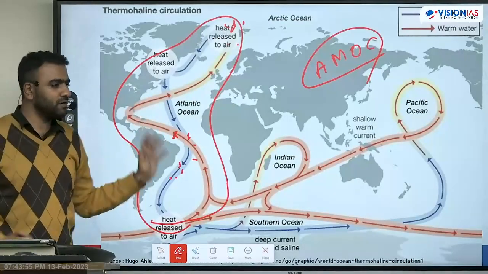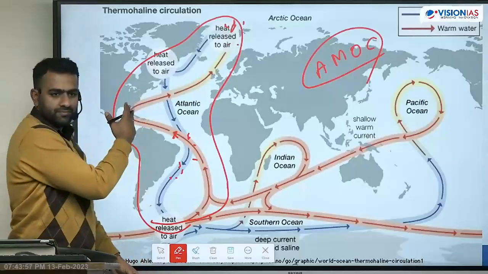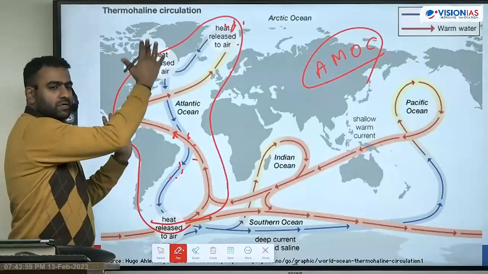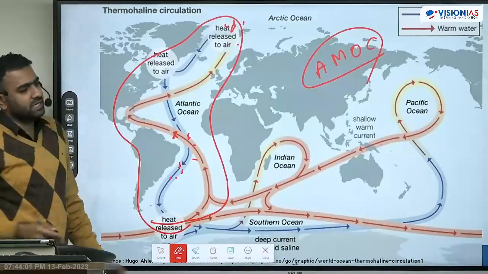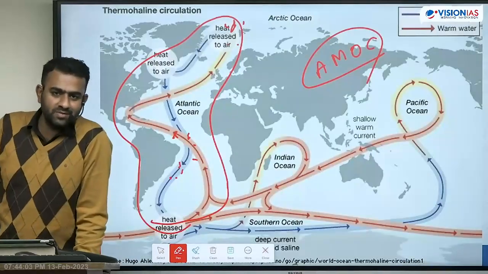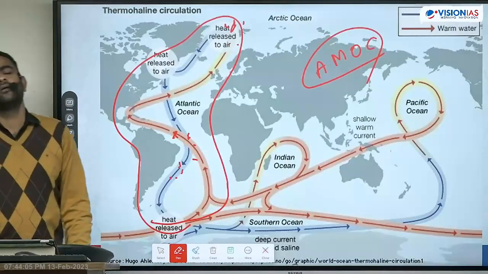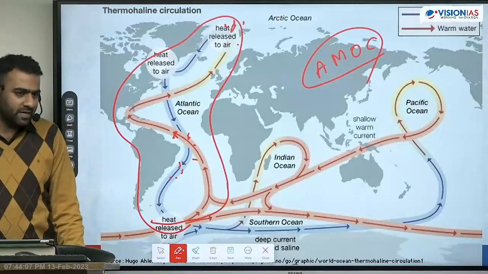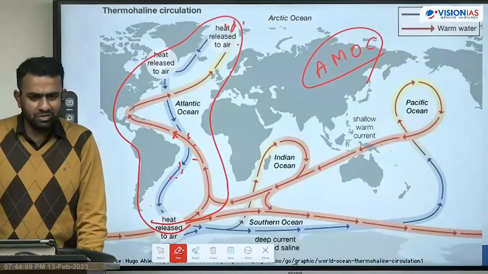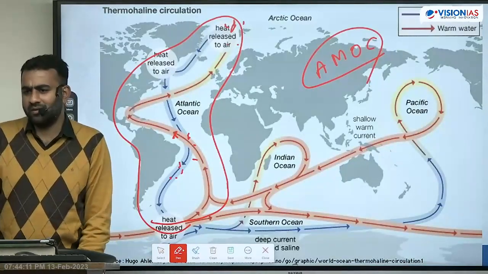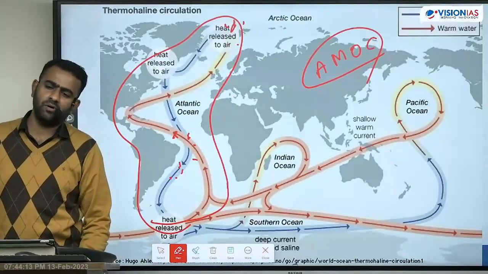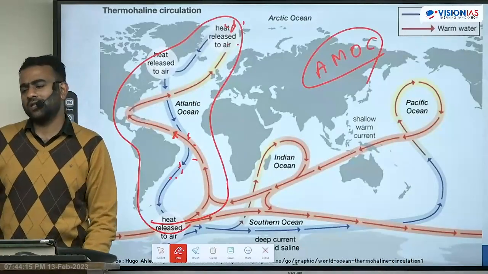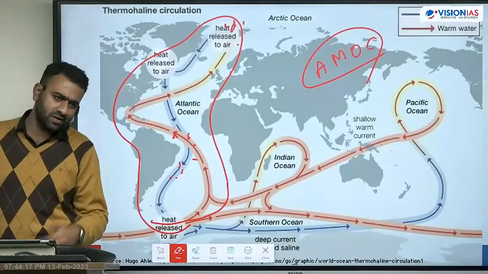The trade winds continuously push, but the water is not moving upwards. Because of this, there is a rise in the sea level here. It may submerge many of the coastal regions. And most importantly, it will disturb the entire marine ecology: the fishing growth, the phytoplankton growth, the marine migration. Everything is totally disturbed. All of them are dependent upon the entire thermohaline circulation as well as the surface water circulations.